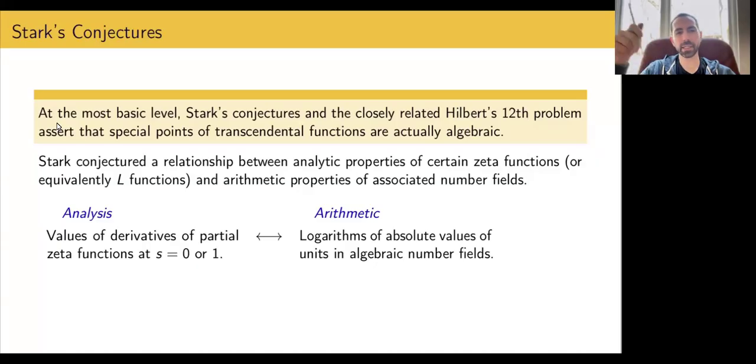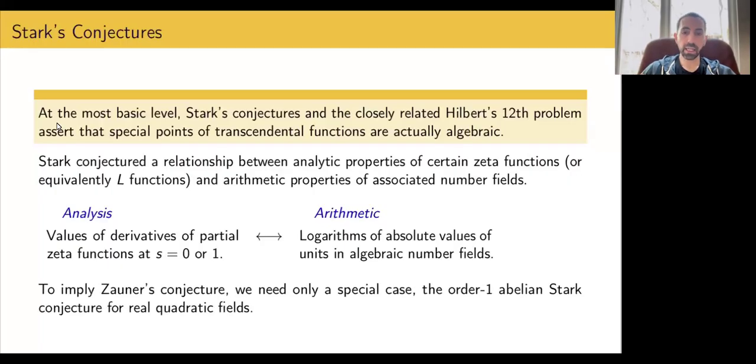So S is kind of like this S parameter you have in the Riemann zeta function, but for other more general zeta functions. So it's building bridges between these two worlds and allowing us to take analytic statements, connect them to arithmetic statements, and vice versa.